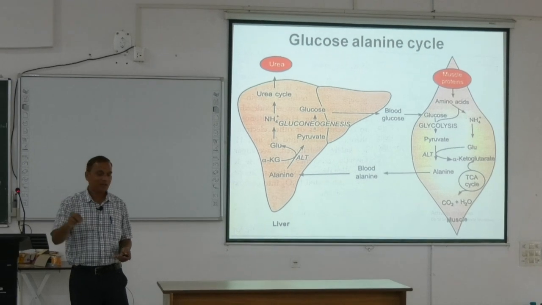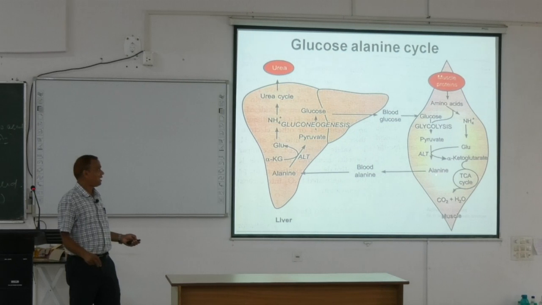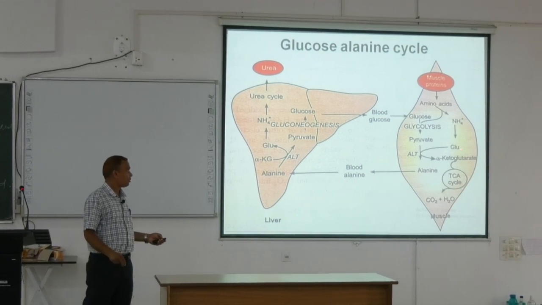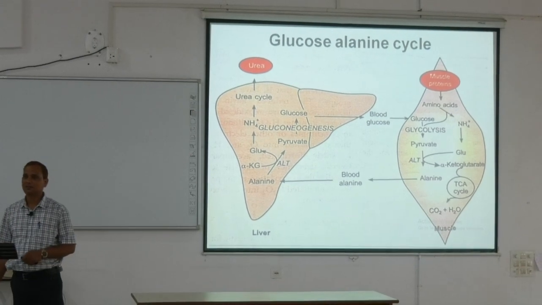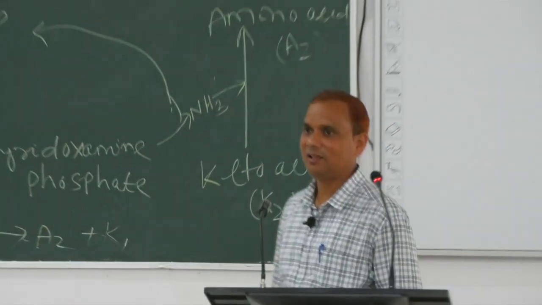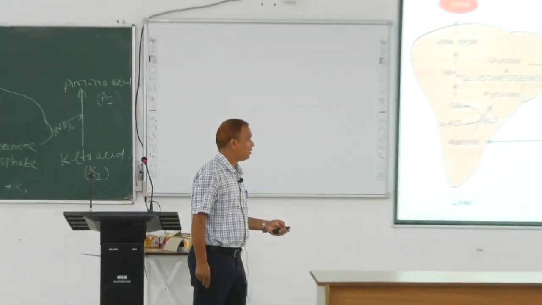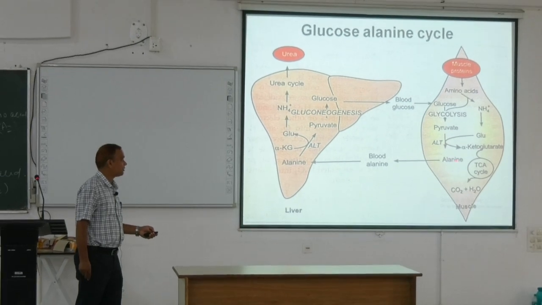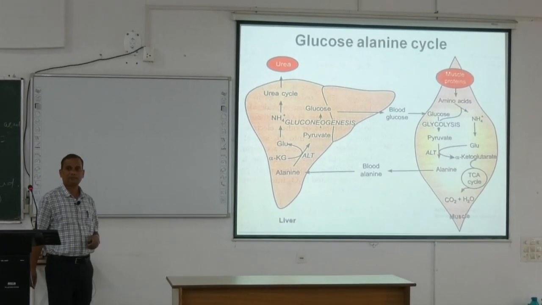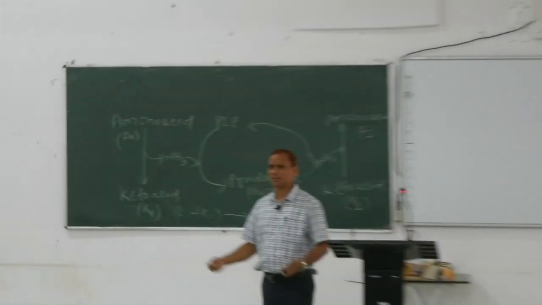Now from pyruvate, what will happen here? Alanine can be synthesized. Pyruvate, glutamate, alanine, alpha ketoglutarate. These four compounds are involved in which reaction? Transamination reaction.